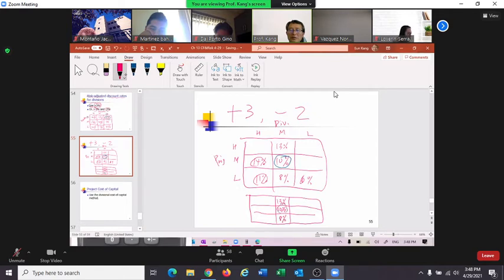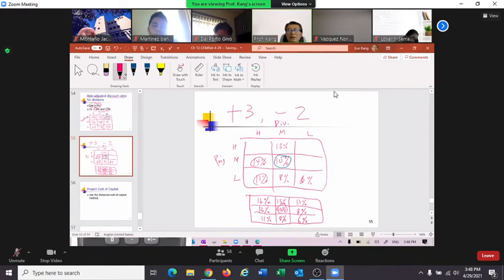Then everything from the middle, so 13 and 16. And here, 11%, like this. From the middle, 8%, 3, 11%, and 6%. So this is the correct way, right?